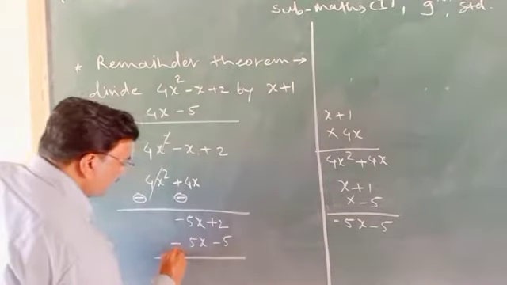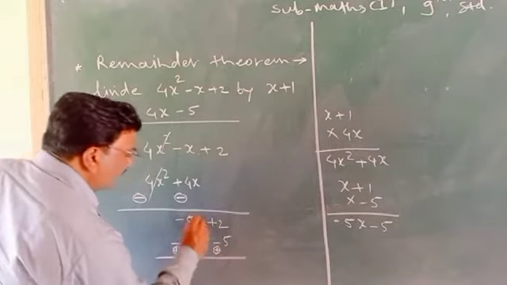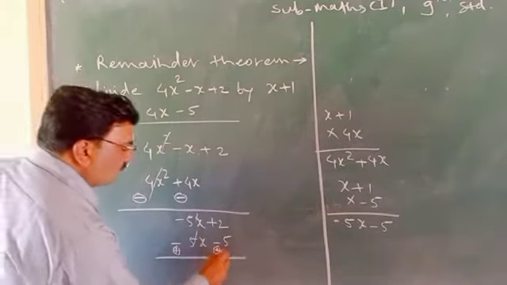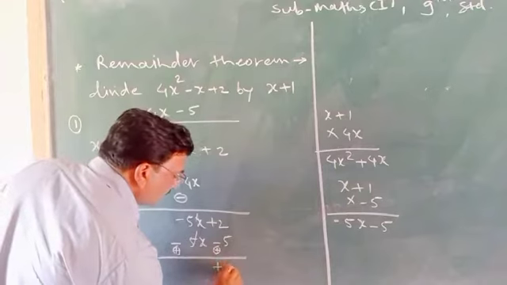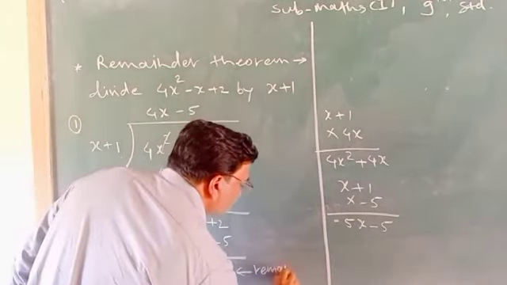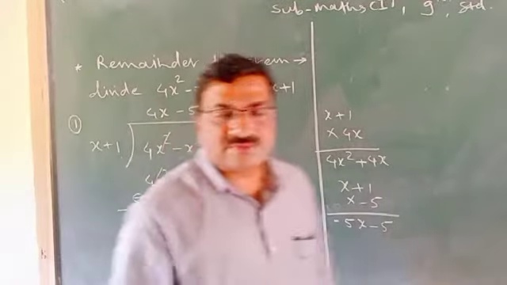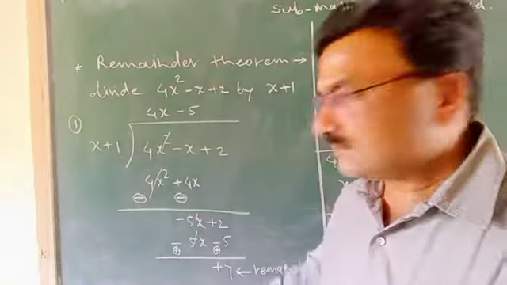Change the sign. Minus will convert into plus, here minus will convert into plus. Minus and plus will get cancelled. Plus 2 plus 5, plus 7 is your remainder. Plus 7 is the remainder.